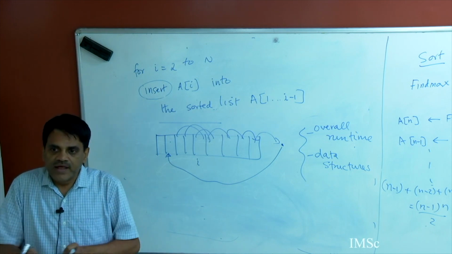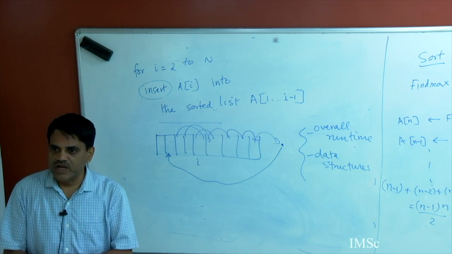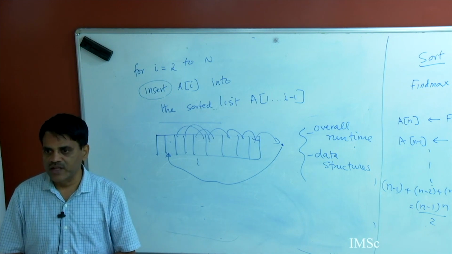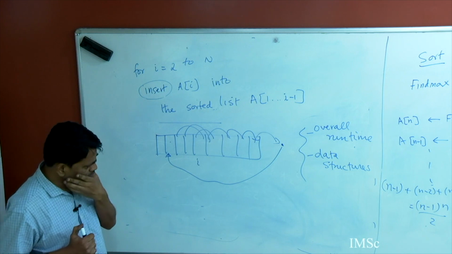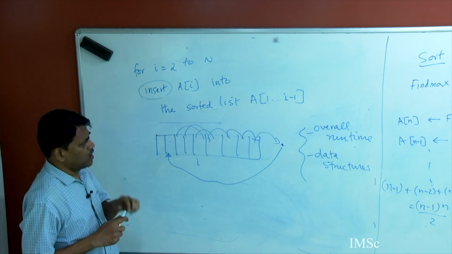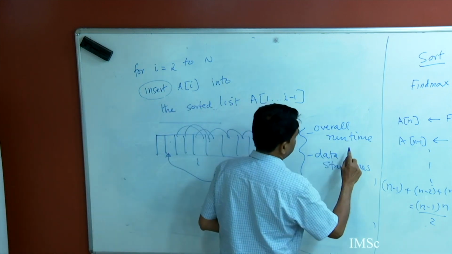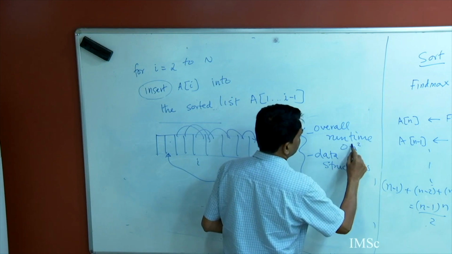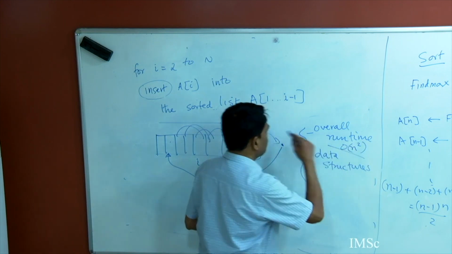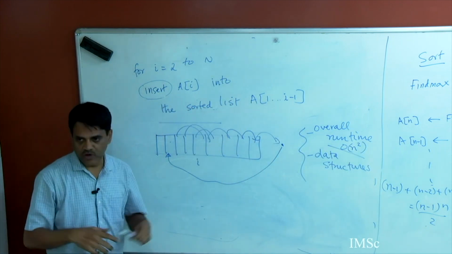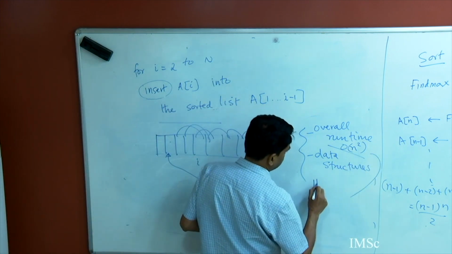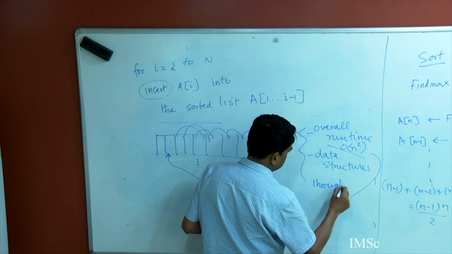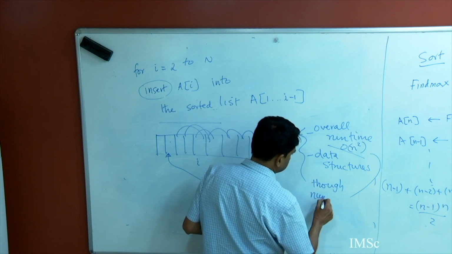But there are other ways to organize it so that you can actually spend only logarithmic time. Okay? So overall runtime is actually n square here. So we have not really solved the problem of getting it n log n, even though the number of comparisons is.